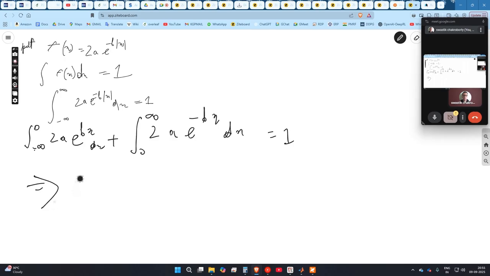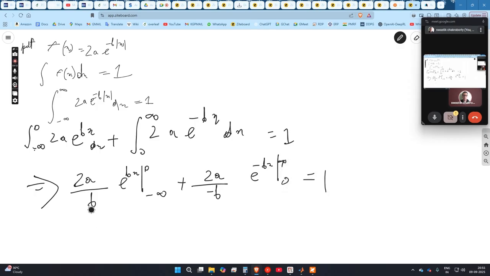So 2a by b e to the power bx between minus infinity and 0, and 2a by minus b e to the power minus bx between 0 and infinity. Here e to the power minus infinity goes to 0, and e to the power minus bx at infinity is also 0. So only the x equal to 0 limit gives a valid value, that is 1.